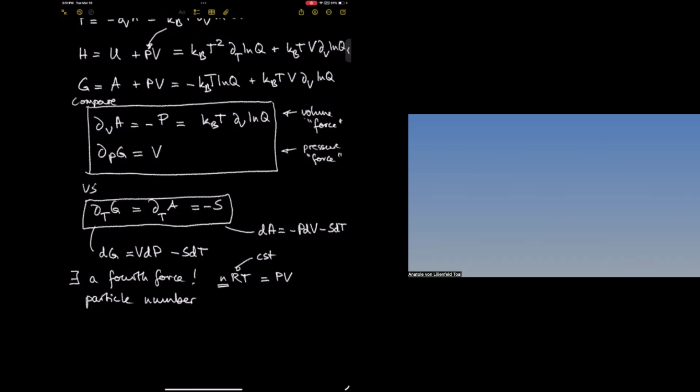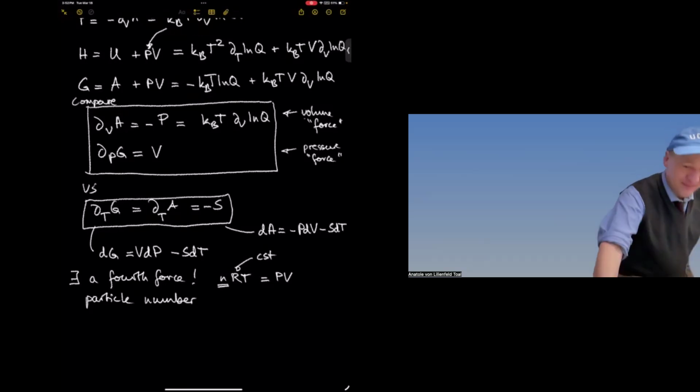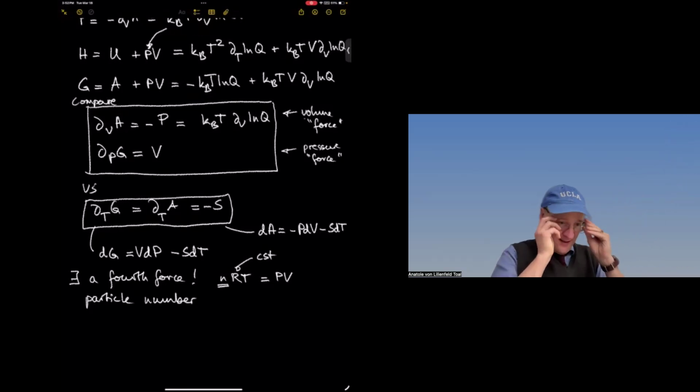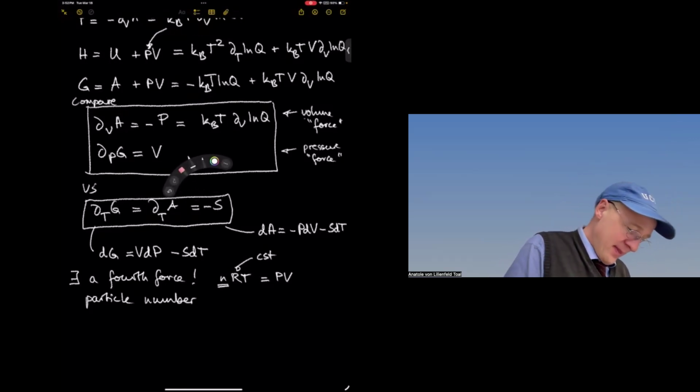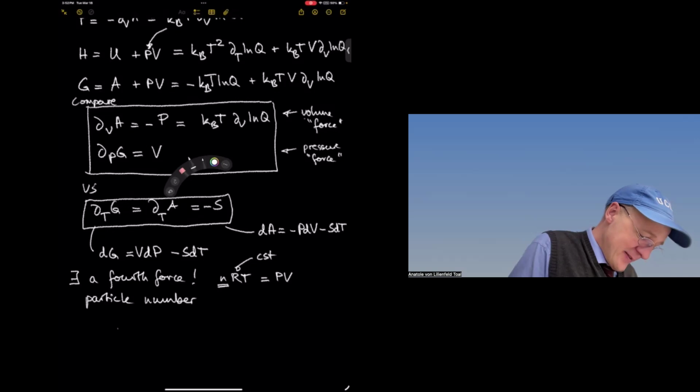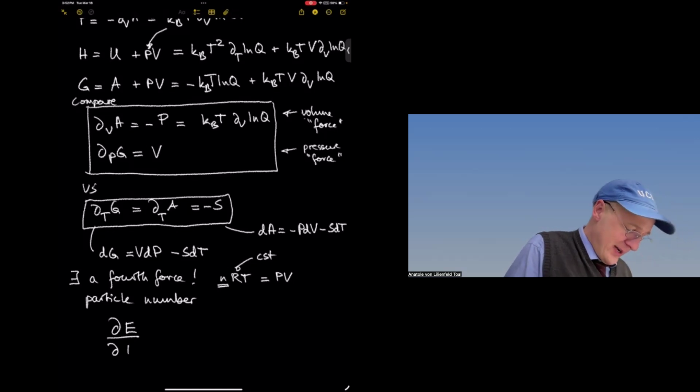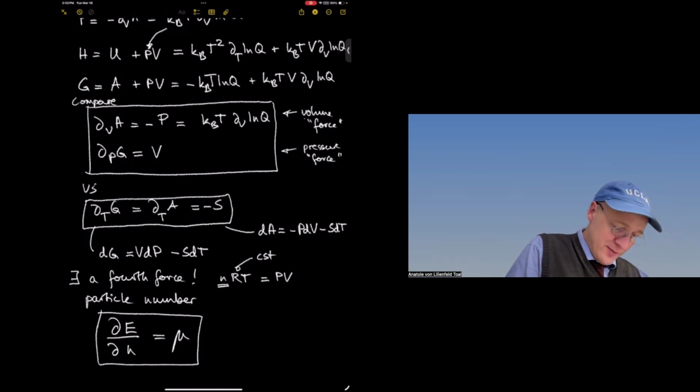You know how we call that? The force, the particle force. Who knows what it's called? That's right. It's the chemical potential, right? So we are looking now at this derivative, free energy with respect to particle number, right? And this is what we call the chemical potential mu.